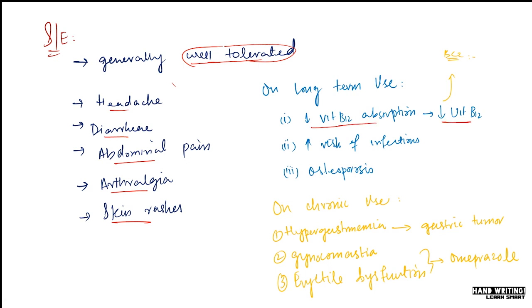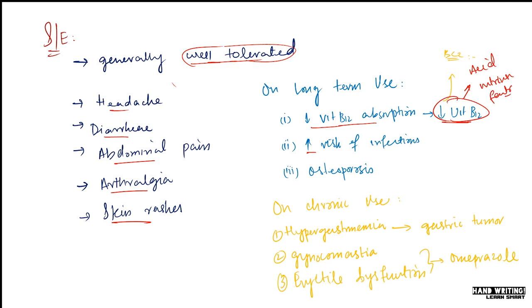This is because acid is required for absorption of vitamin B12 in complex with intrinsic factor, so decreasing the acid decreases the absorption of vitamin B12 and thus causes deficiency of vitamin B12.